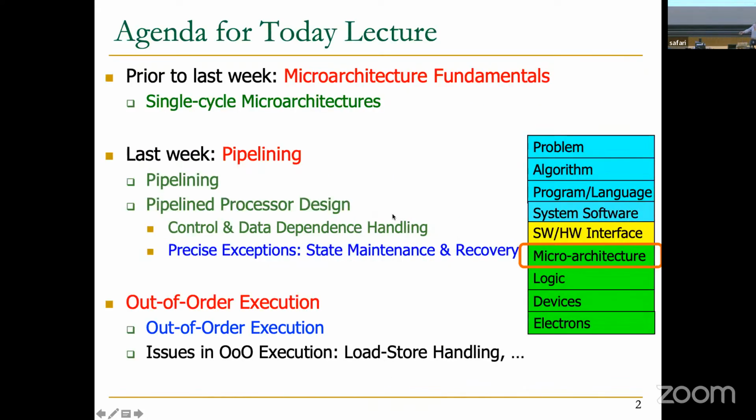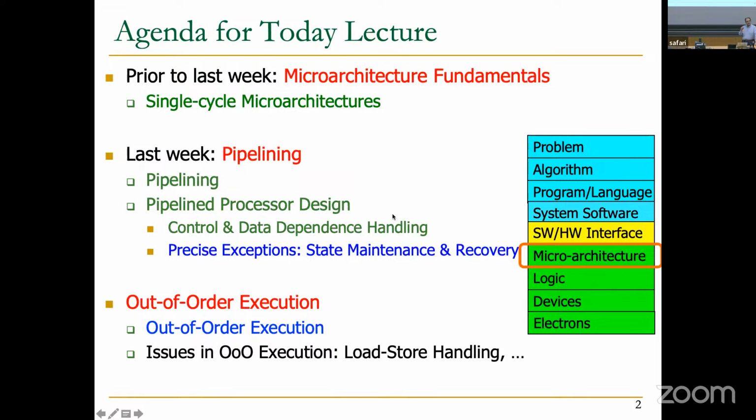Basically, prior to last week, we discussed microarchitectural fundamentals. We learned about single cycle architectures. And last week, I think you had learned about pipelining, like how we design a pipelined processor, and also about control and data dependence, or data hazards, and how we can handle them.